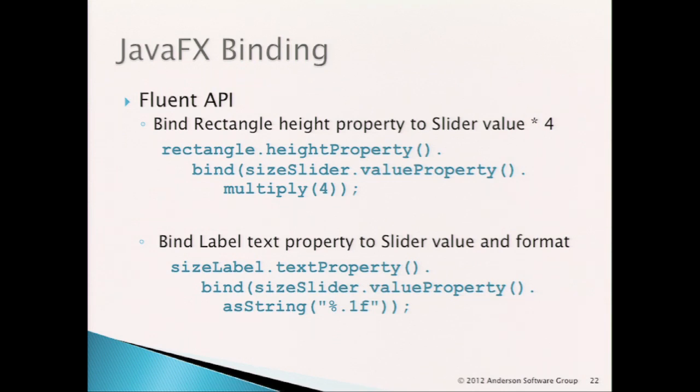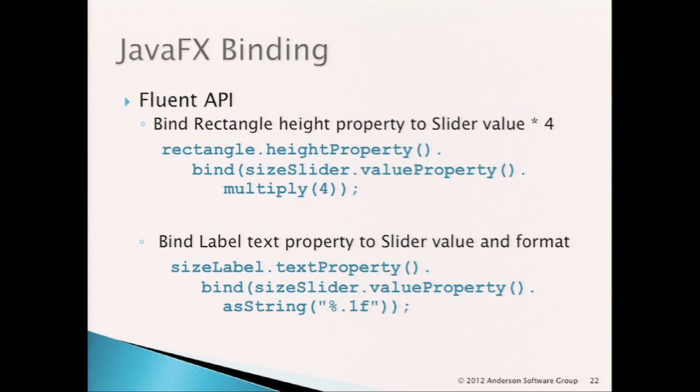And of course, if you look this up in the API reference guide, you'll see multiply, add, subtract, divide. So anytime you need to do any kinds of scaling things with properties that you're updating like this, you can use the Fluent API, and it's very convenient. Once again, one line of code to bind the slider value to changing the height property of the rectangle. And then, of course, it's rendered and everything for you.